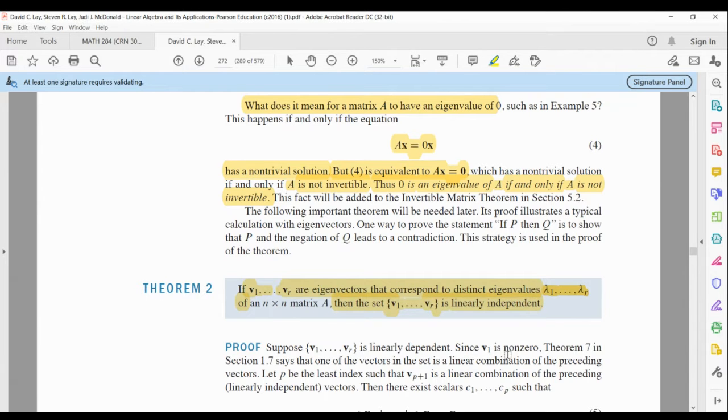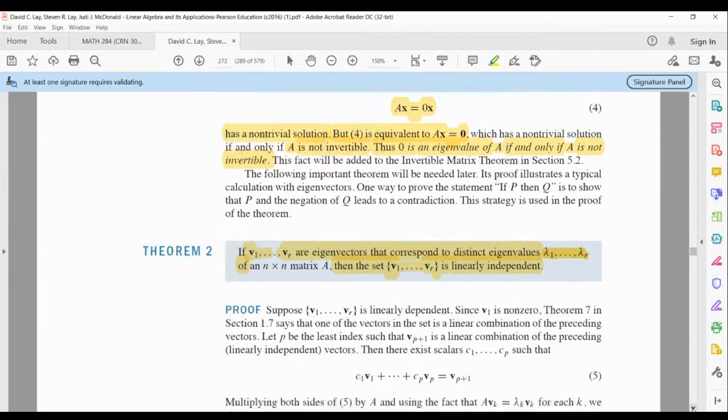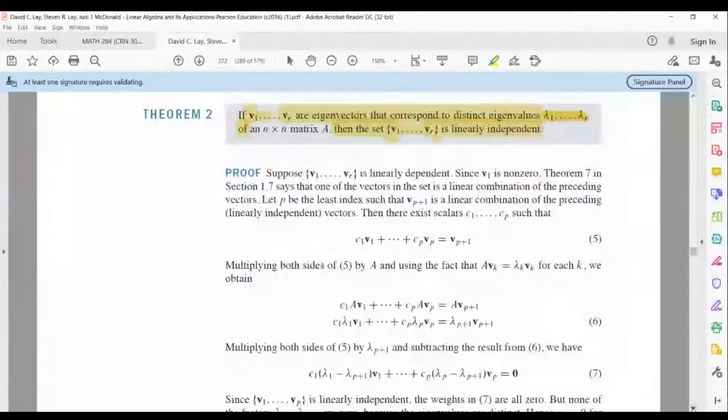Now they prove that below, and I won't go through the proof, but it's a nice proof for you to look at. Basically, eigenvectors corresponding to different eigenvalues must be linearly independent. You might intuitively see that, but they prove it below.